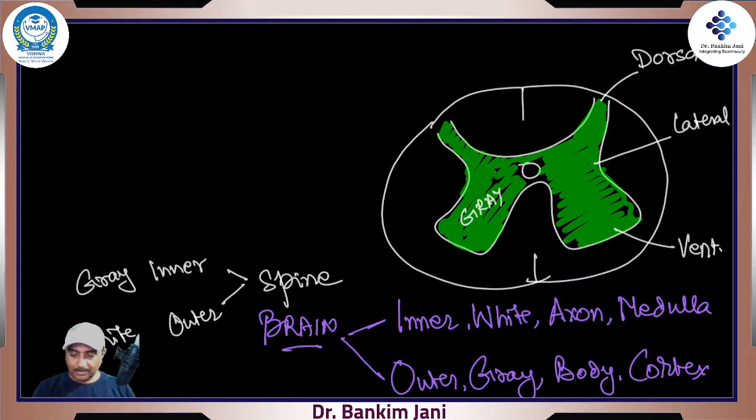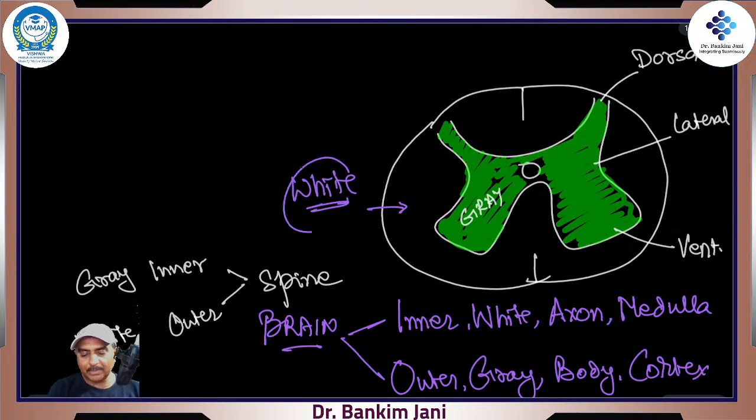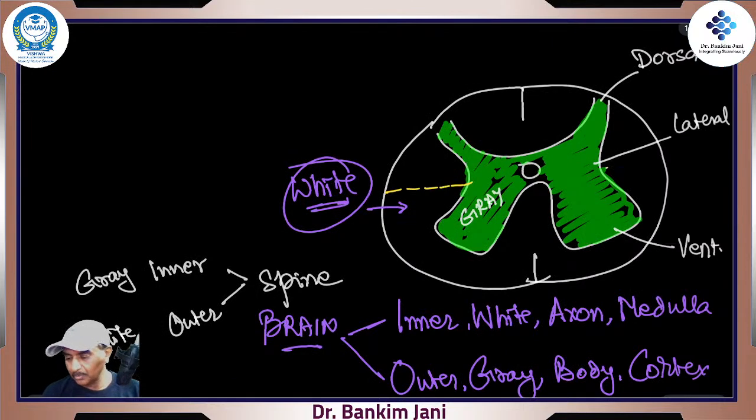White matter is outside, right? This white matter would be carrying the tracts, all the tracts. If I divide it into two parts, one is posterior, one is anterior.